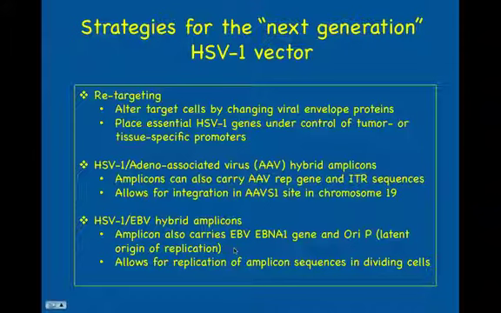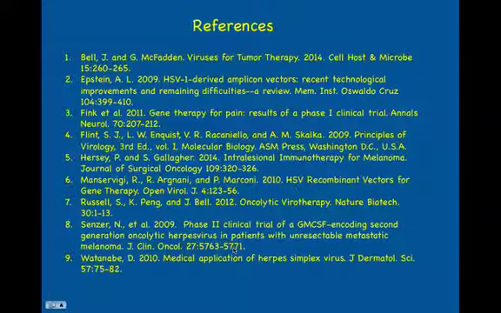So these amplicons carry the EBNA1 gene and their OriP, which will cause the Amplicon to go latent, and allows for replication of the Amplicon in dividing cells, because only dividing cells will give it the signal to do so. Otherwise, this EBNA1 OriP will always tell it to be latent.